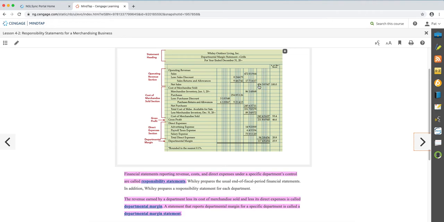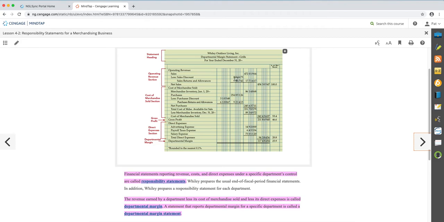That's called net sales. We have cost of merchandise sold, which starts with the merchandise inventory in the trial balance, the general ledger account at the beginning. January 1st merchandise inventory. All the purchases, we add up the discounts and returns, and we subtract those to get our net purchases. Same thing as we did with net sales.